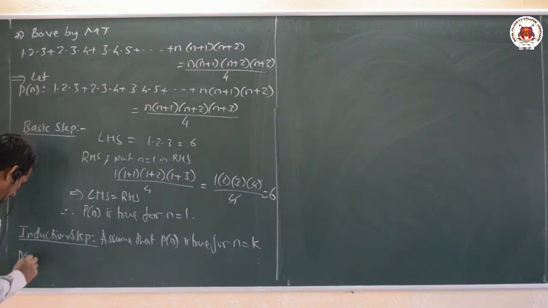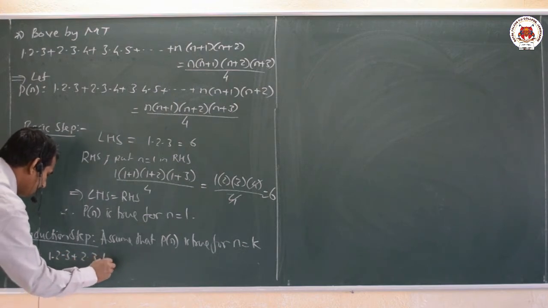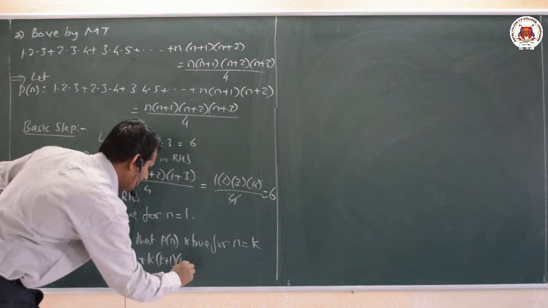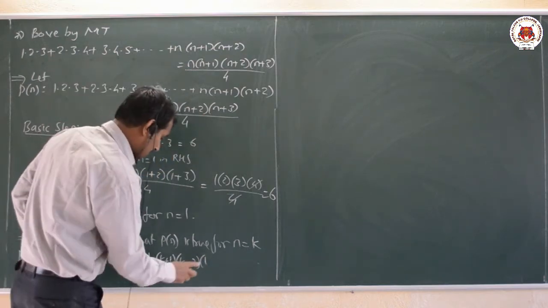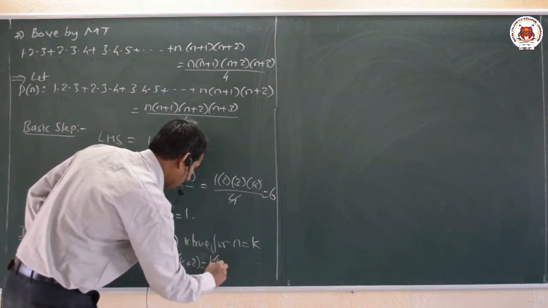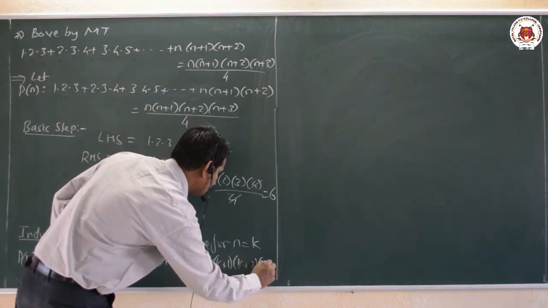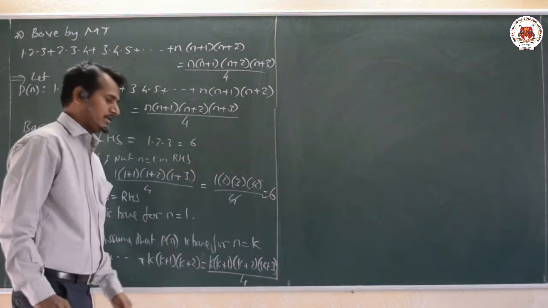That is P(k): 1·2·3 + 2·3·4 + so on up to k(k+1)(k+2) equal to k(k+1)(k+2)(k+3), whole divided by 4.